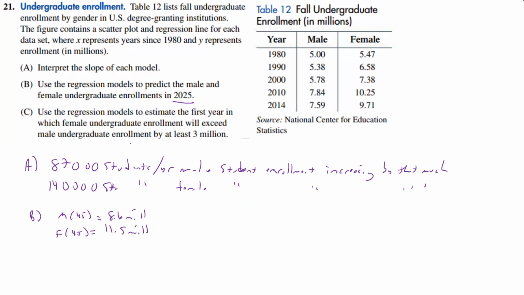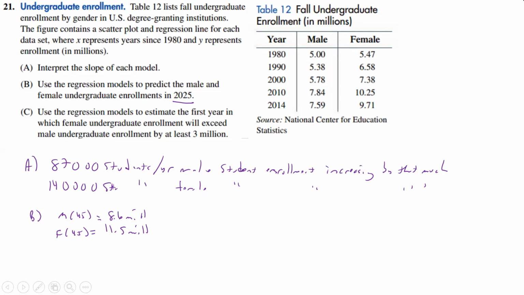All right. So now use the regression models to estimate the first year in which female undergraduate enrollment is going to exceed male by at least 3 million. Well, if I look here, that difference is like 2.9 million, right? Okay. So 2.9 million there. So probably if I go up one, it's going to be into the next one.